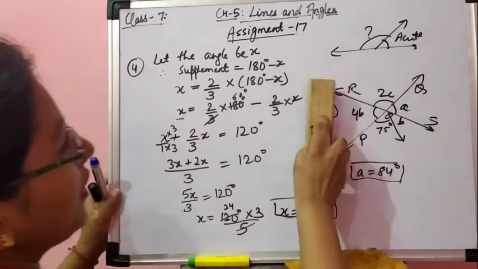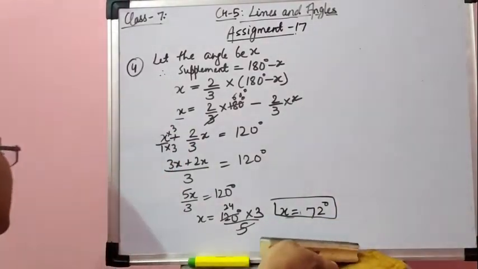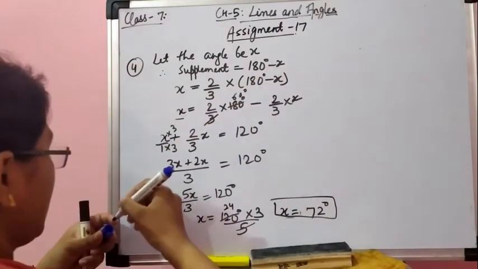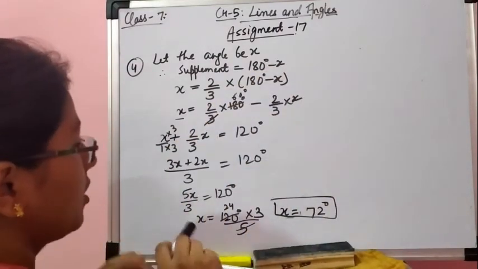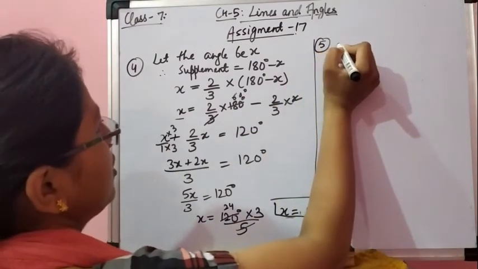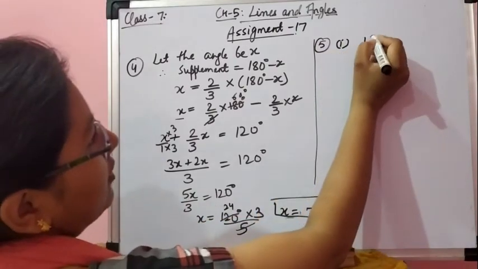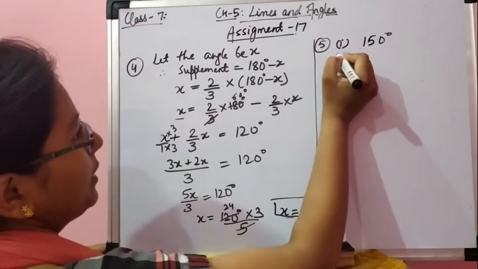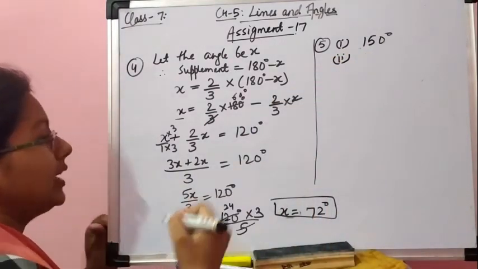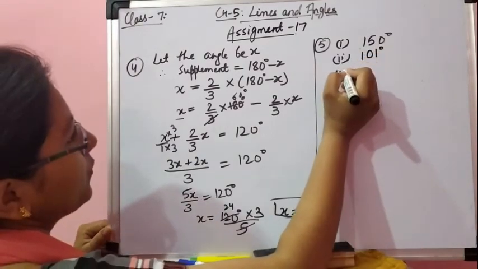Now for question number 5. Question number 5 is also again the same. Find the supplement in each of the following. Supplement हमें ढूंढना है. So for 5th question, first part 30 degree, that will be 150 degree. Okay, 180 में से 30 को minus कर दीजिए. Then second one is 79 degree, it will be 101 degree.